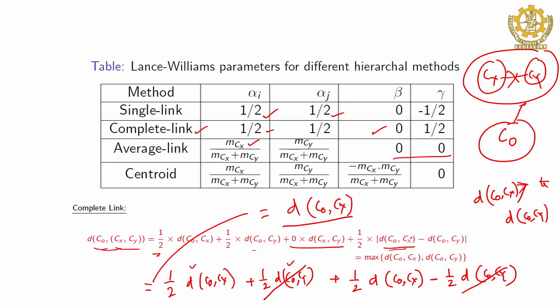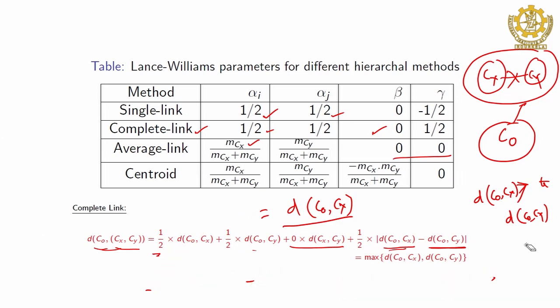Now, if you consider it the other way around, if distance of C0 Cy is greater than the distance of C0 Cx, then what will happen here? In this equation, this is greater than and this is less than. So, if you subtract it, it will be negative, right. If this is greater than, this is less than, obviously it will be negative.